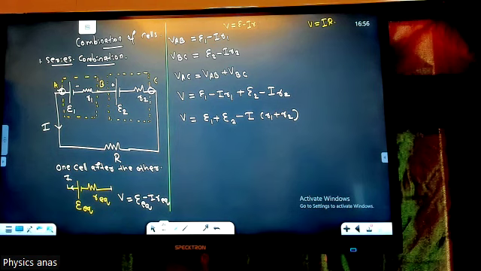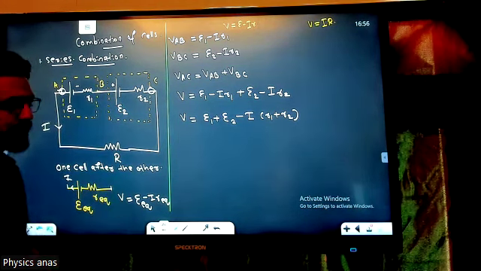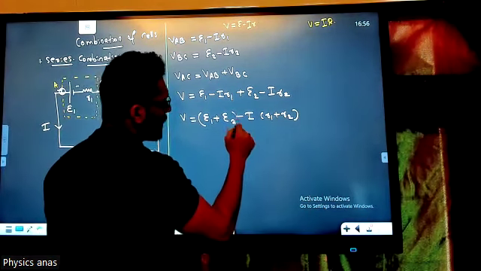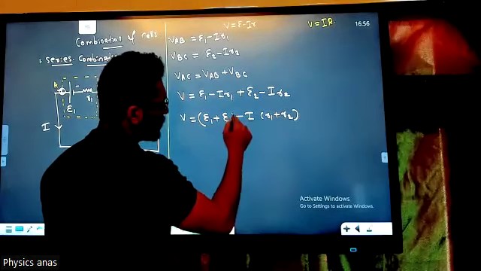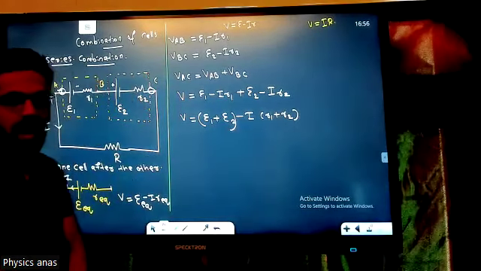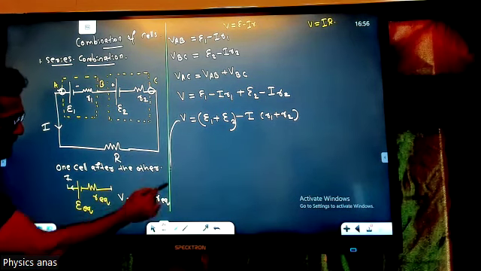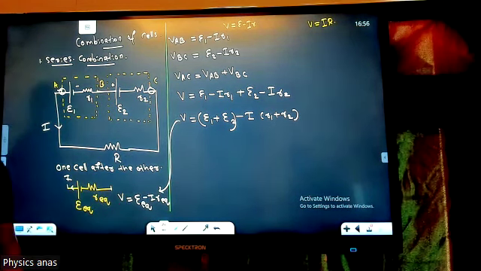Now it is looking like this. That means E1 plus E2 minus I into R1 plus R2. This is actually the same equation.